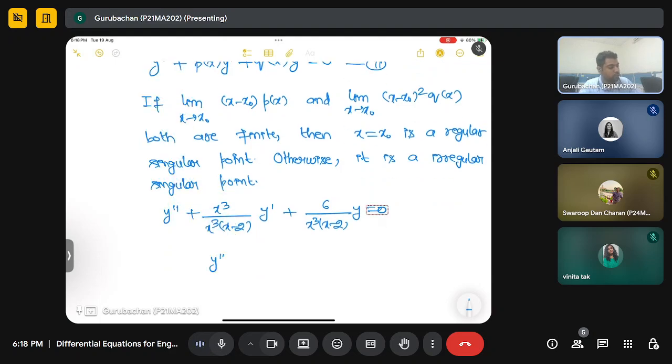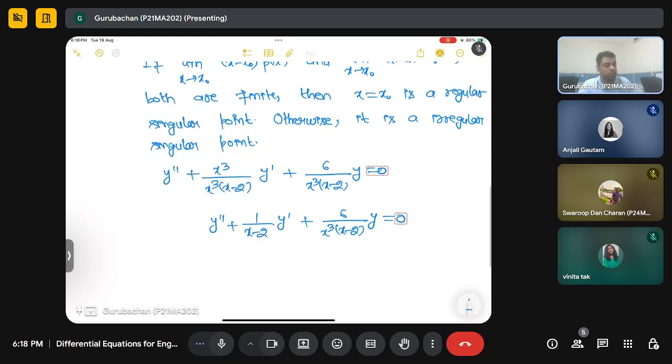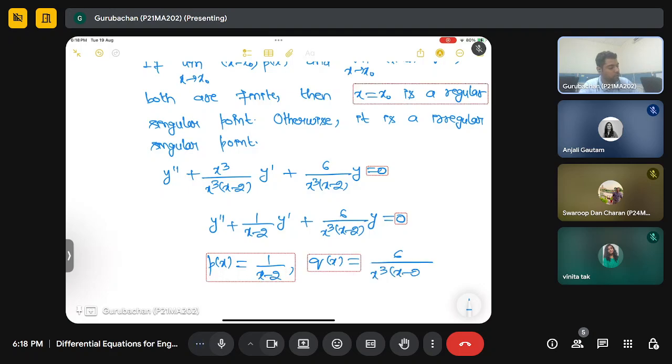So this gives us y double dash plus 1 by x minus 2 y dash plus 6 by x cube into x minus 2 y equal to 0. So from here p x will be 1 by x minus 2 and q x will be 6 by x cube into x minus 2.